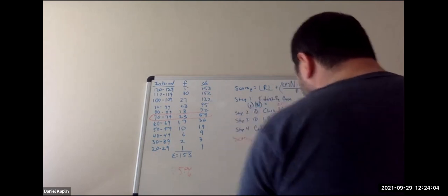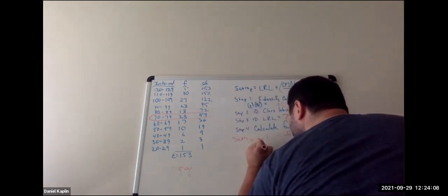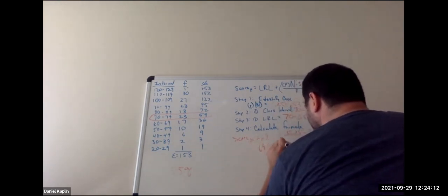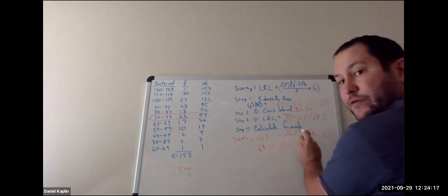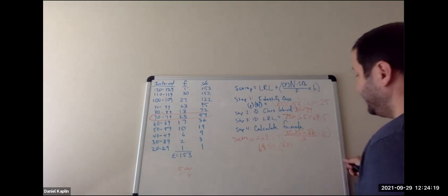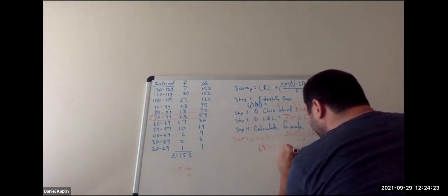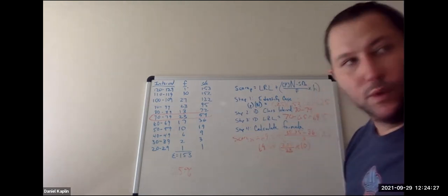All right, so we have 69.5 plus 2.25, because 38.25 minus 36 is 2.25, divided by 23 times 10. Now the marker's starting to work better.